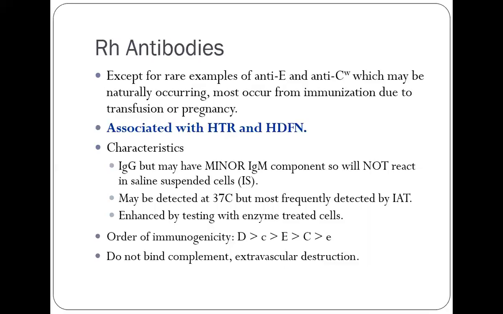Again, the order of immunogenicity, or the ability to cause an immune response, is D, little c, big C, and little e. Another thing is that they do not bind complement, and they cause extravascular hemolysis.